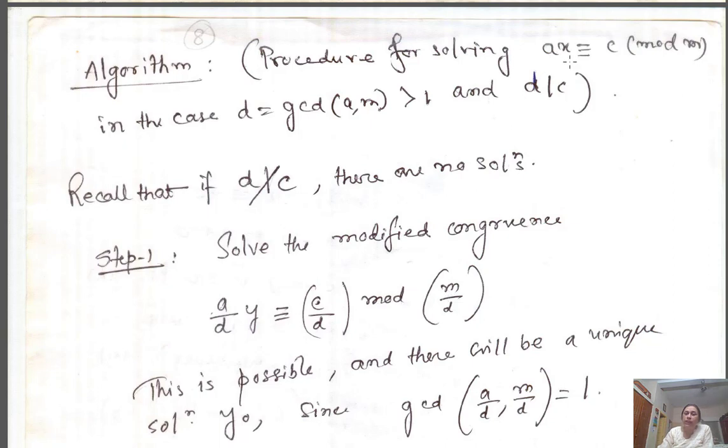So I construct this equation, a over d x, and I call its solution y. From that y I will find the solution x for the original congruence. So instead of x here, in this modified equation I take the variable to be y.